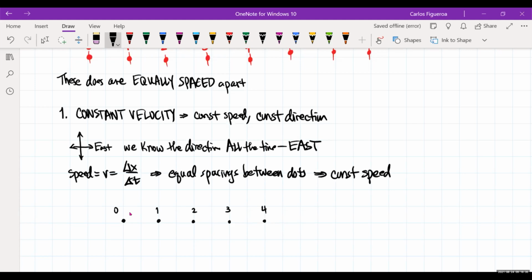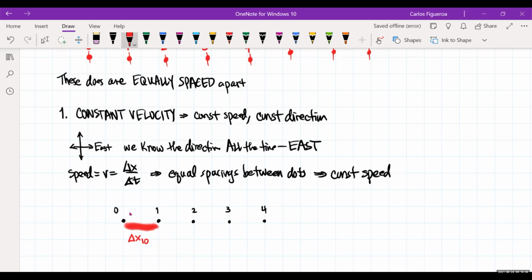So what do we mean by speed 1? Check this out. The distance between 0 and 1, that distance is the distance between 0 and 1.